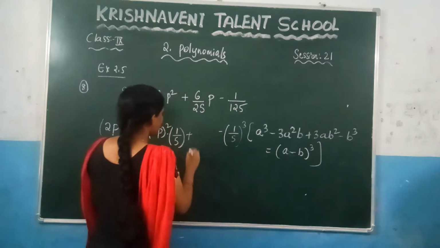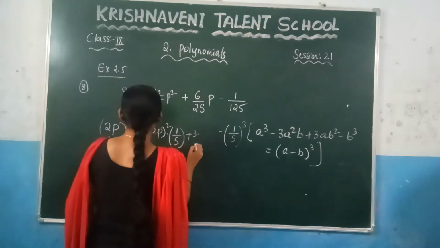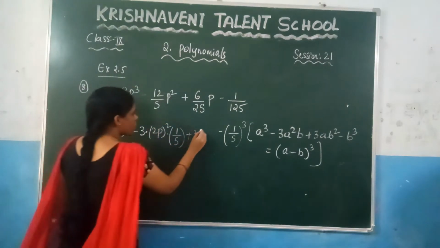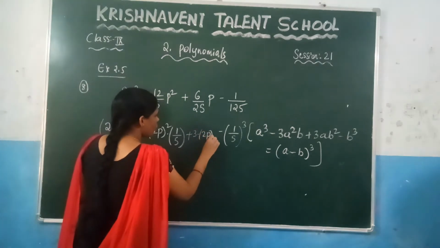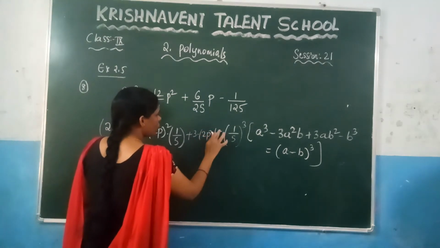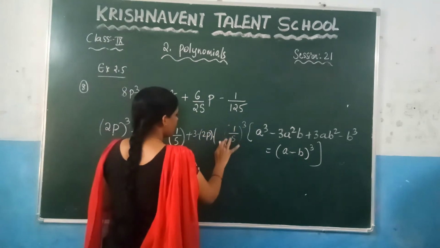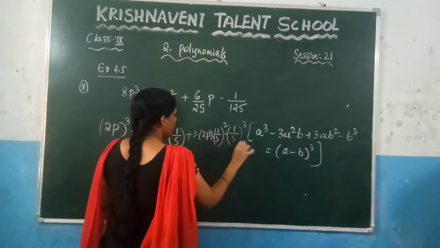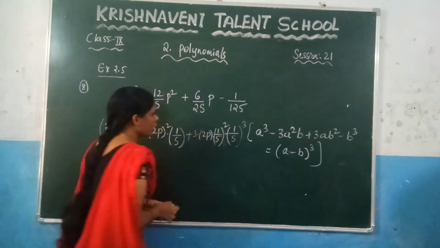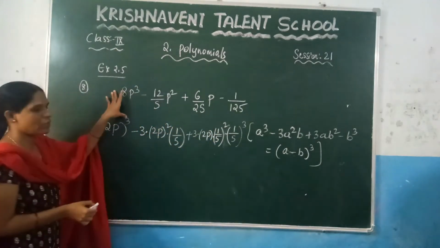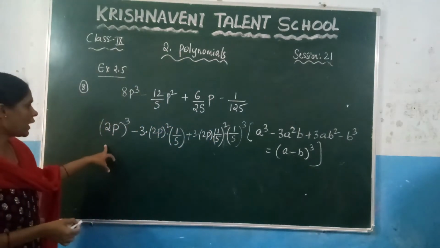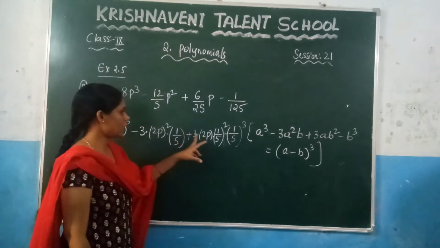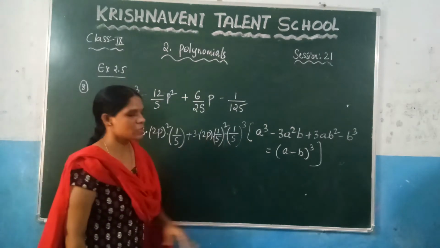So write 3 into 2p into 1 by 5 whole square, minus 1 by 5 whole cube. So here we have changed the given expression into the form of a cube minus 3a square b plus 3ab square minus b cube.